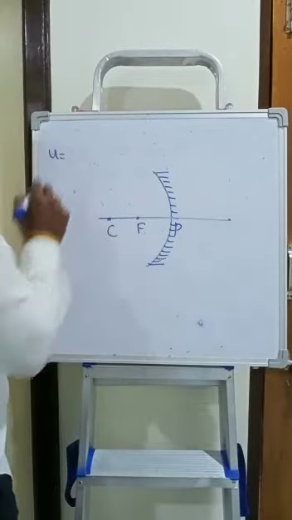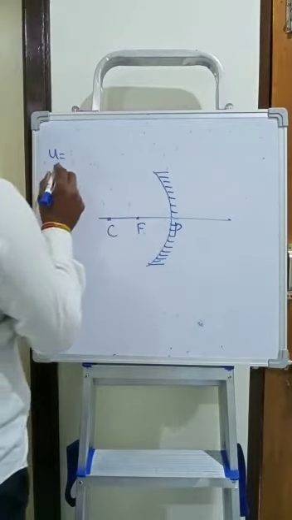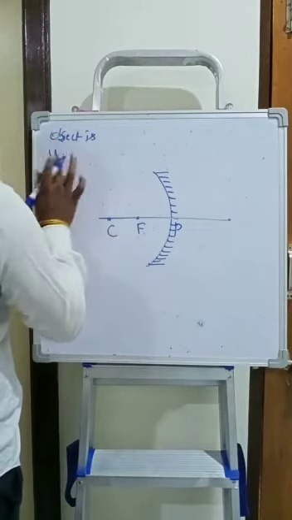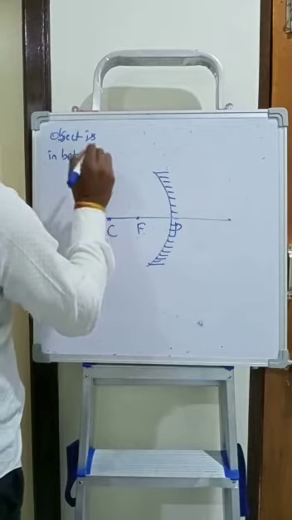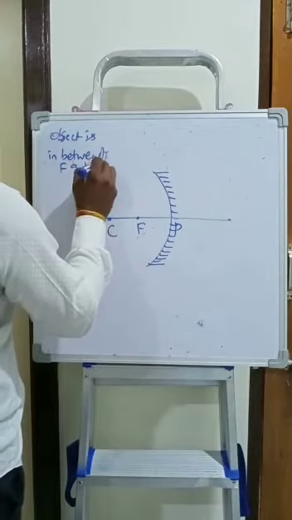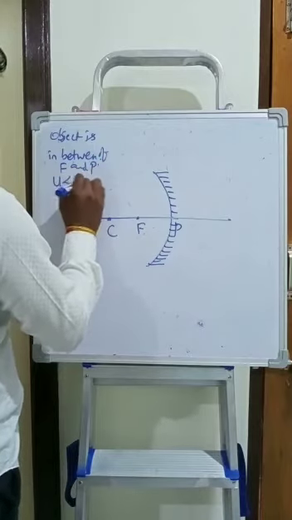If the object is placed in between F and P, that means U is less than F.